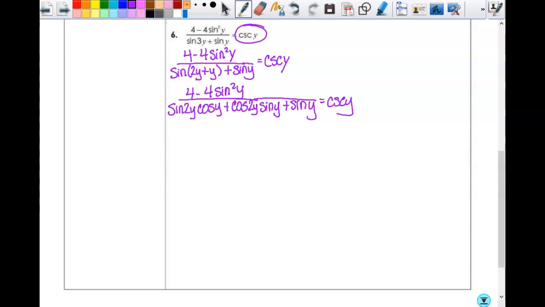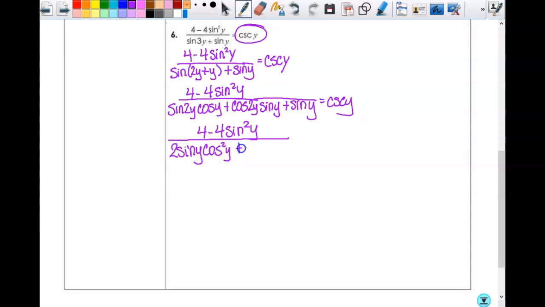Now, I'm pretty confident that I want to get rid of the sine 2y and the cosine 2y, but I'm going to do them one at a time because, again, sometimes when you do too much at once, you eliminate an option that you had, and then you just get stuck in a rut there. So we'll rewrite the numerator, 4 minus 4 sine squared y. So sine 2y is 2 sine y cosine y, but since I already have a cosine y there, this becomes cosine squared y.